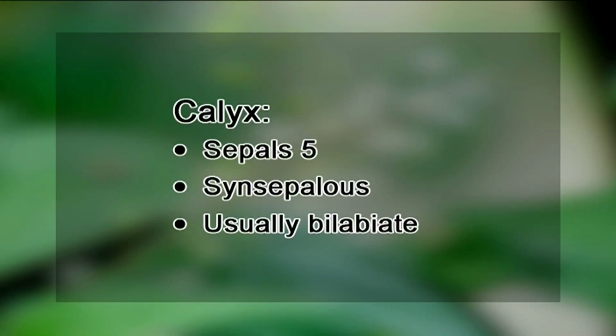Now discussing the individual parts of the flower, starting with the outer whorl called the calyx. Calyx comprises 5 sepals which are fused together, called synsepalous. The calyx is usually bilabiate, that means two-lipped. These two lips can be formed by these 5 sepals.